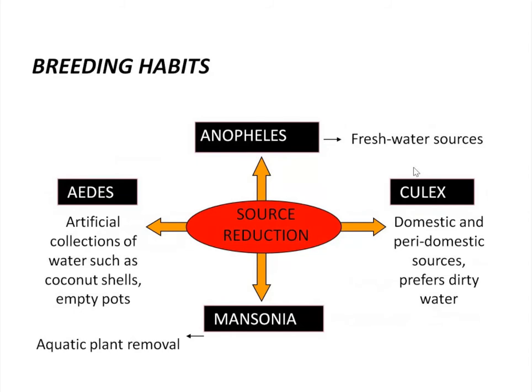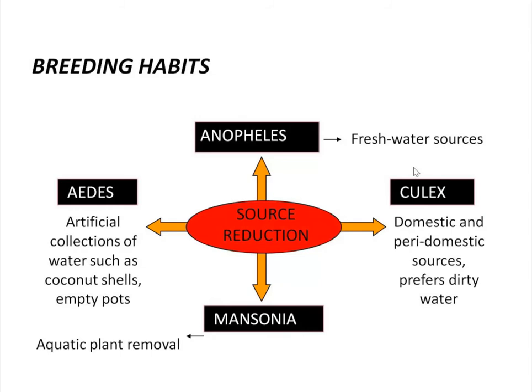Those places you have to empty, or you have to remove that artificial storage of water. Okay, so that's how you can prevent dengue. That is nothing but source reduction. You are reducing the production wherever the favorable source, wherever the breeding places are there.